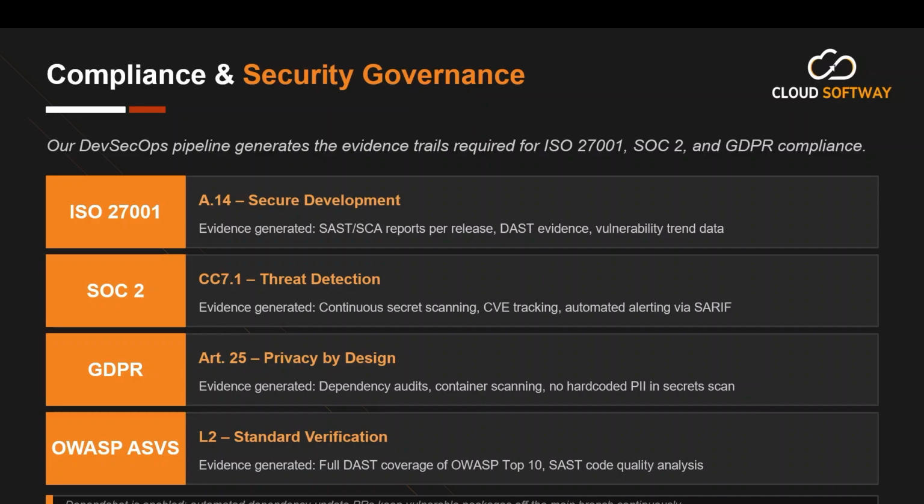Additionally, this pipeline also supports governance and compliance requirements. For ISO, it provides clear evidence of secure development practices, and for SOC 2, it facilitates the detection of code incidents through automated scanning and alerting. As for GDPR, it supports privacy by design, specifically through the detection of hard-coded secrets, and also the ongoing process of reviewing both the dependencies and the container.